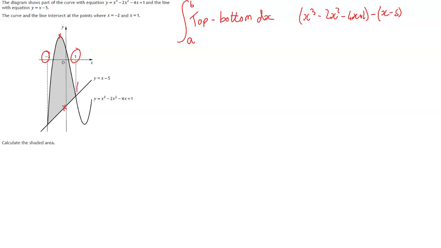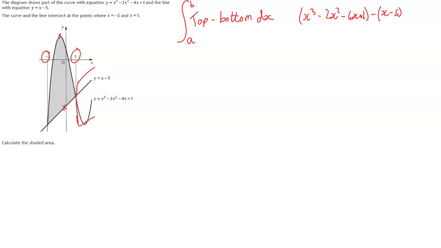If I were to integrate in this section above here, now obviously I'm not in this question, but if I were, note that the top curve, the top equation would be the x minus 5. So it would be x minus 5 take away the cubic for that section there. Now we're not bothered or interested in that at this point in time. That could come up in another question or another scenario.